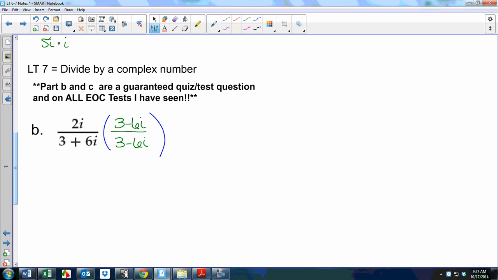All right, so scratch work. Multiply 2i times 3 minus 6i, and multiply 3 plus 6i times 3 minus 6i, both of which you already did in the bell work with me. So let's look back to the bell work and get those two answers.